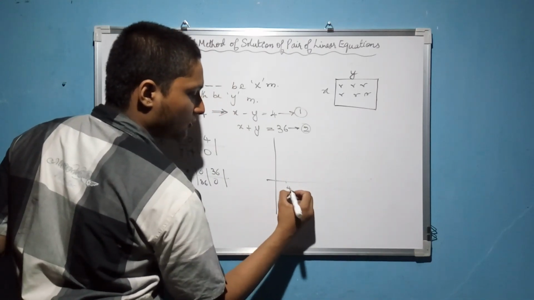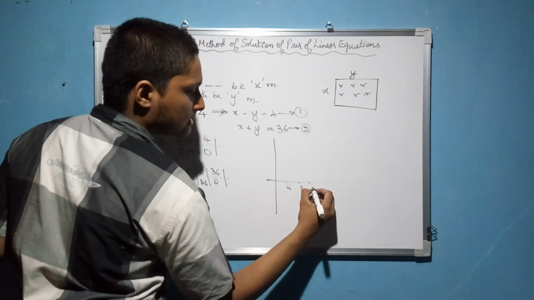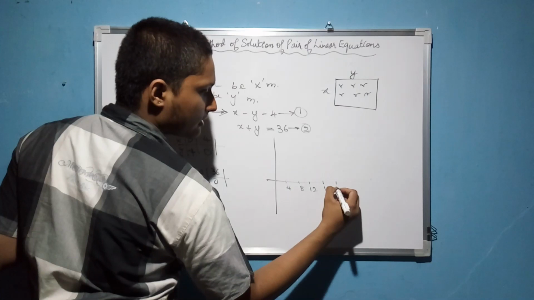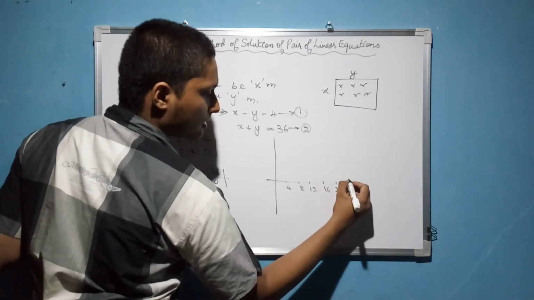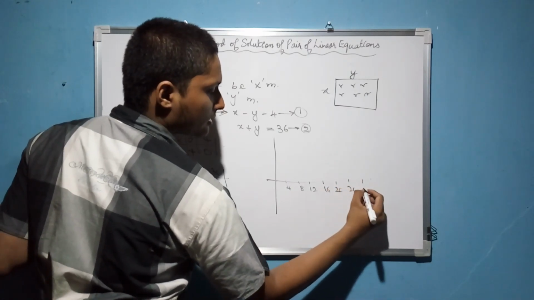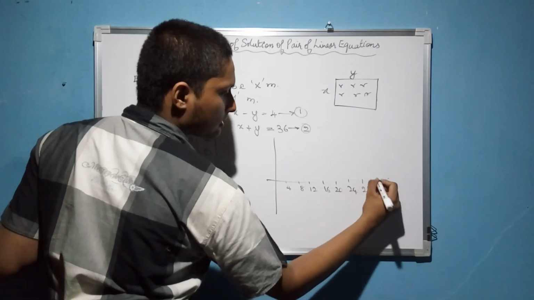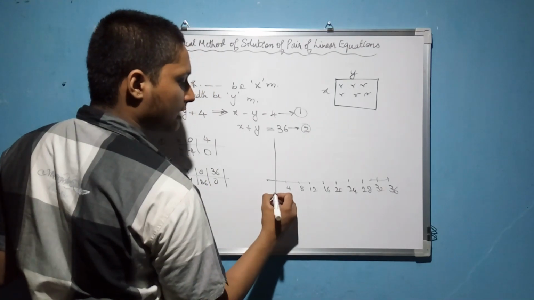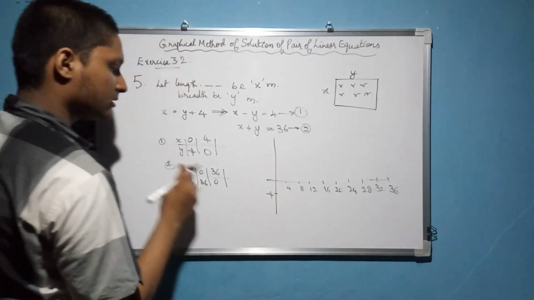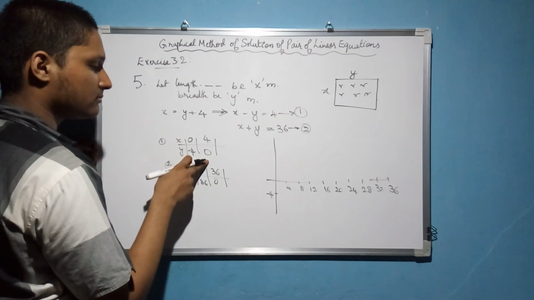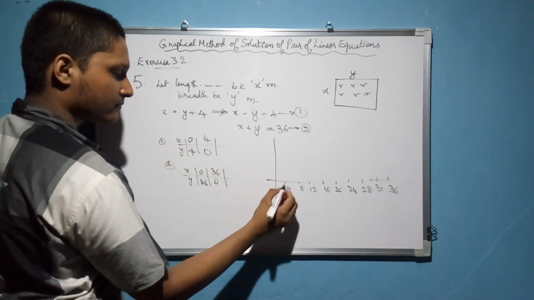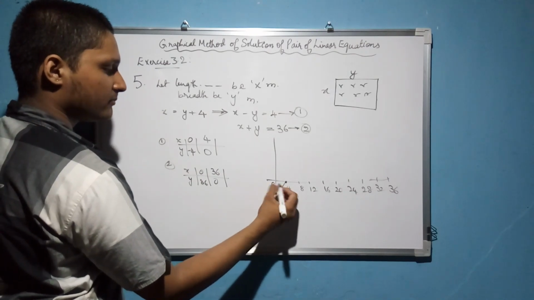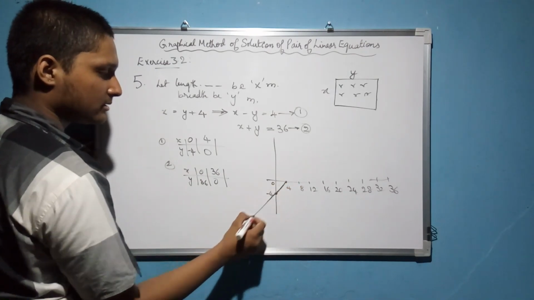So this comes to be 4, 8, 12, 16, 20, 24, 28, 32 and 36, and you have minus 4 here. Therefore this line is going to come in this manner because it has 4, 0 and 0, minus 4. So you are going to get the line like this.